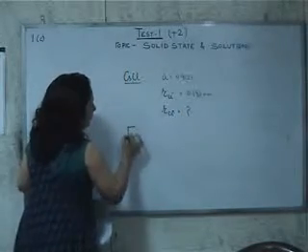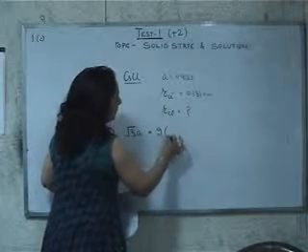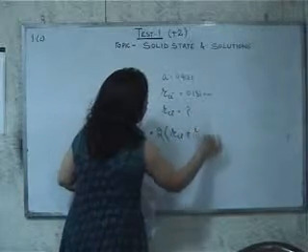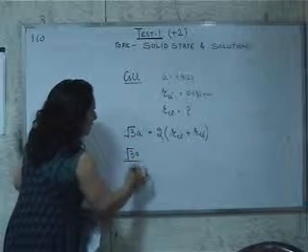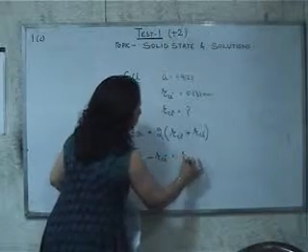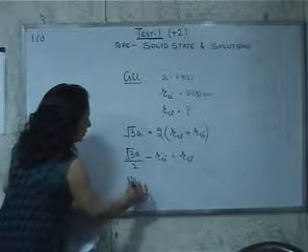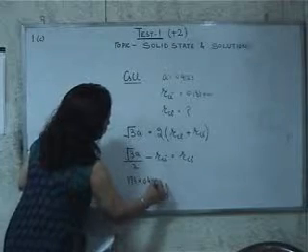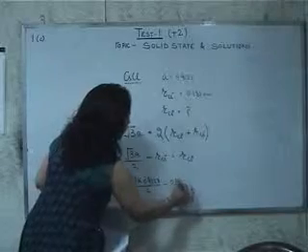We have to take root 3a is equal to 2 times radius of cesium plus radius of chloride. It means root 3a by 2 minus radius of chloride will be equal to radius of cesium. Root 3 is 1.73. Edge length is given to you as 0.4123 divided by 2 minus 0.181.